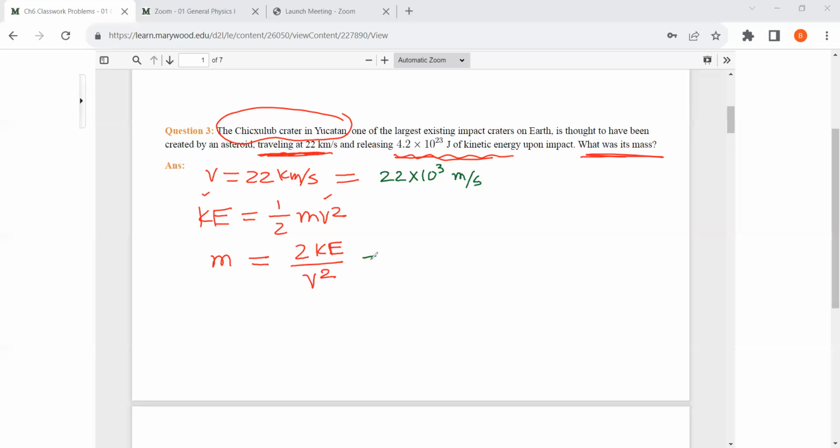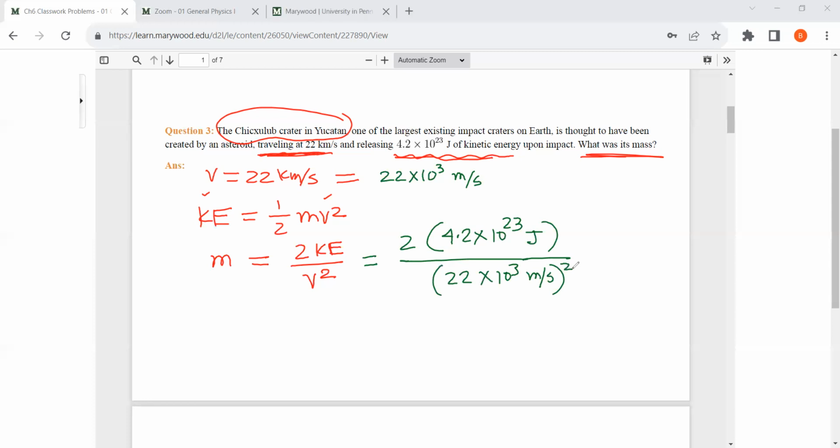In this equation, 2 times kinetic energy is 4.2 times 10 to the power 23 joule, and then v squared is 22 times 10 to the power 3 meter per second, and then the whole square.